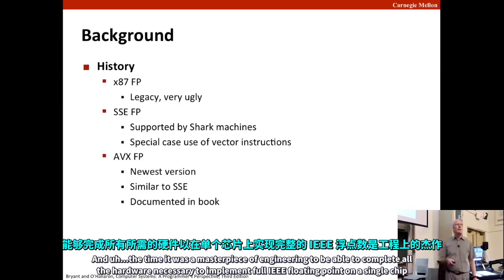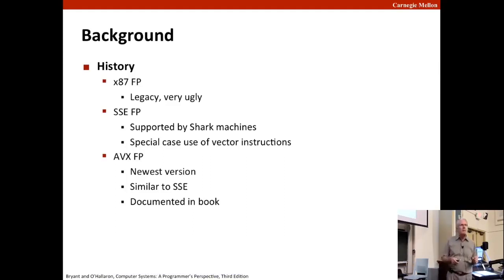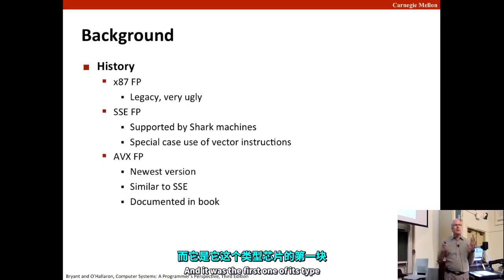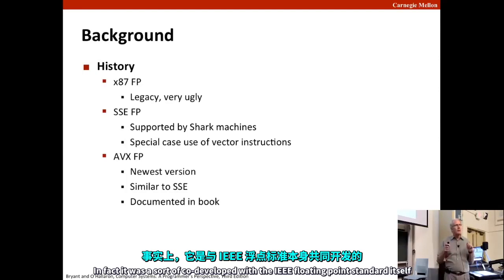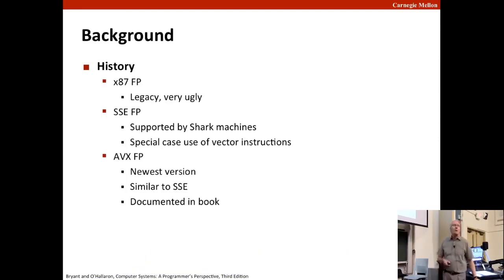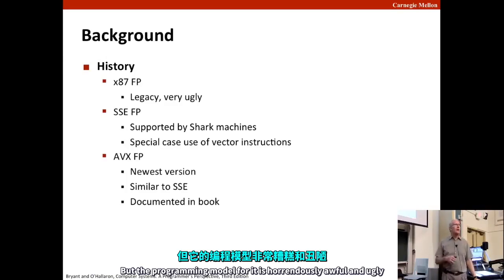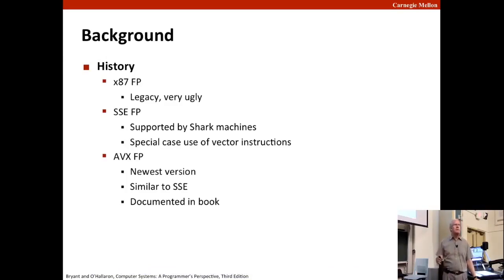And at the time, it was a masterpiece of engineering to be able to put all the hardware necessary to implement full IEEE floating point on a single chip. And it was the first one of its type. In fact, it was co-developed with the IEEE floating point standard itself. But the programming model for it is horrendously awful and ugly.